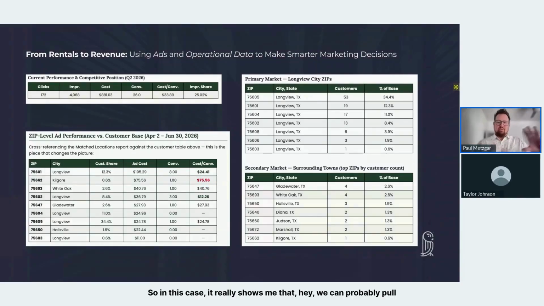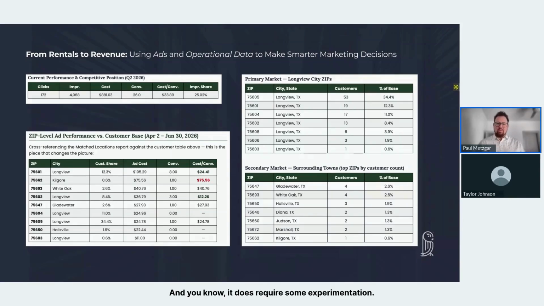So in this case, it really shows me that, hey, we can probably pull this Kilgore address and really focus on some of these lower cost conversion places. So it's one way to help reposition and retarget your ad spend to make sure that it's being spent effectively. So again, this is just a layer of analysis that I love to do, and it really shows some of the gaps.